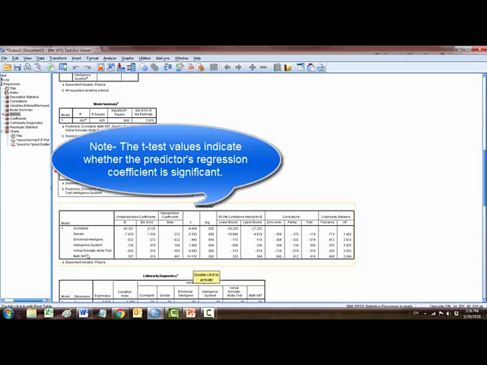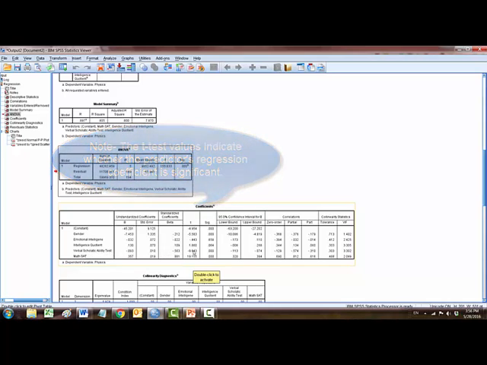Now the other one, BSAT score, here you see it is less than 0.001, and the last one, math SAT score, is also statistically significant. So in other words, in the multiple regression equation, we have important roles of gender, BSAT and math SAT score.